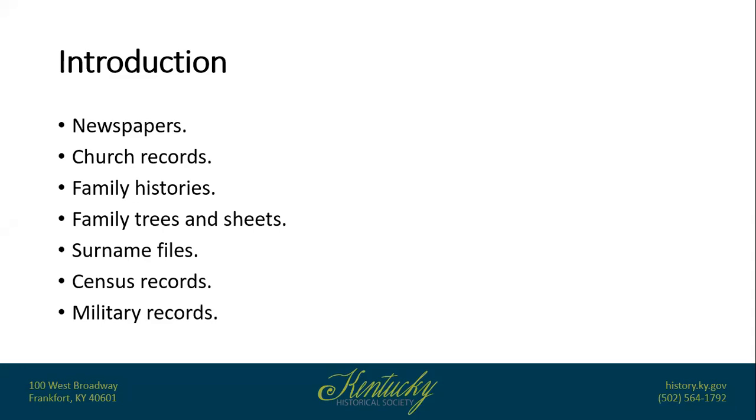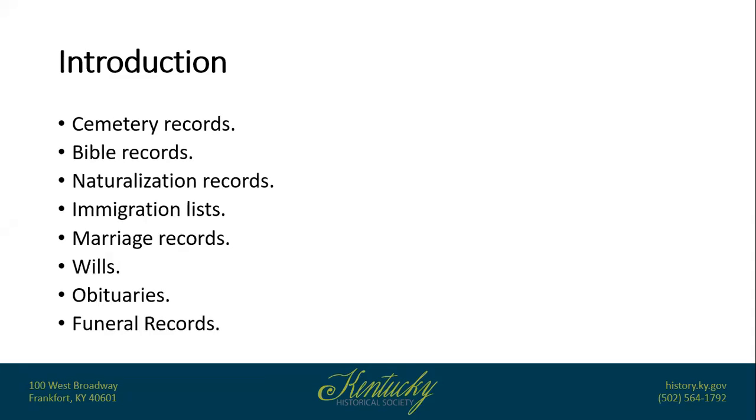There's also census records and military records. Also, you could potentially find something in cemetery records or family Bibles or Bible records, naturalization records, immigration lists, marriage records, wills, obituaries, and then potentially funeral records.